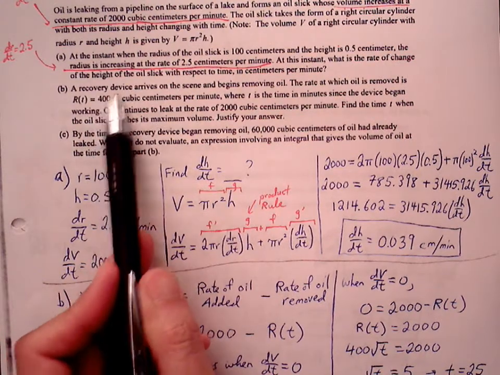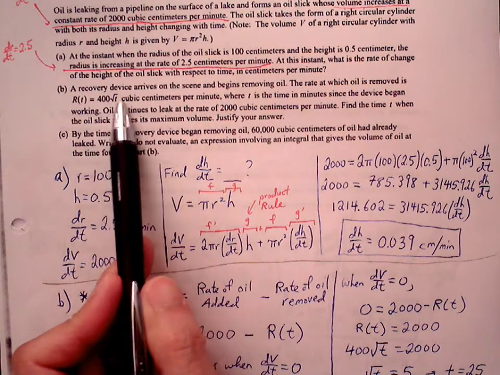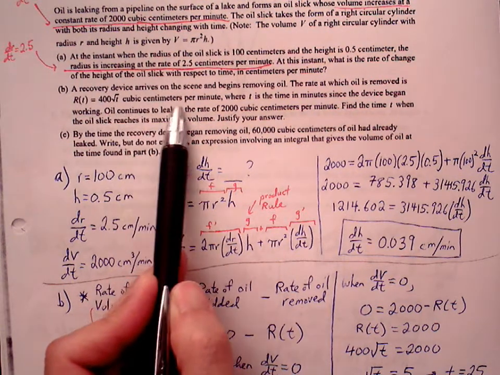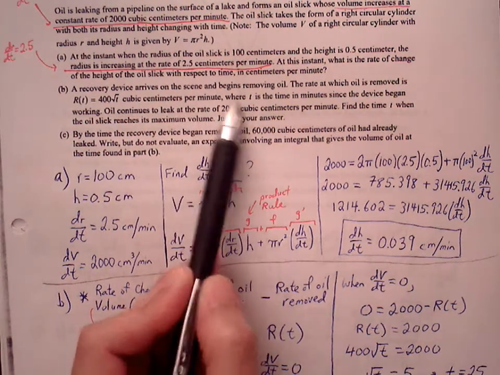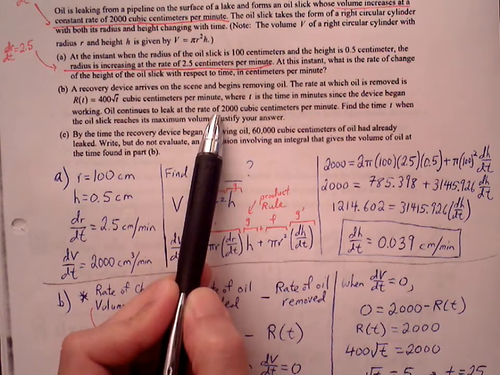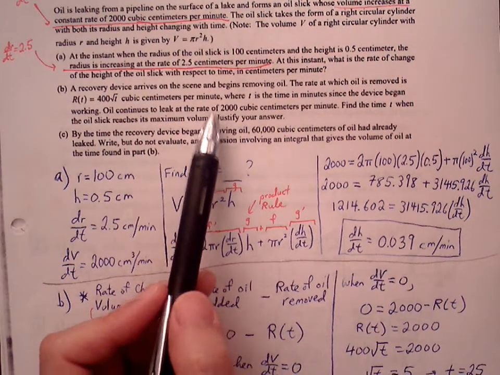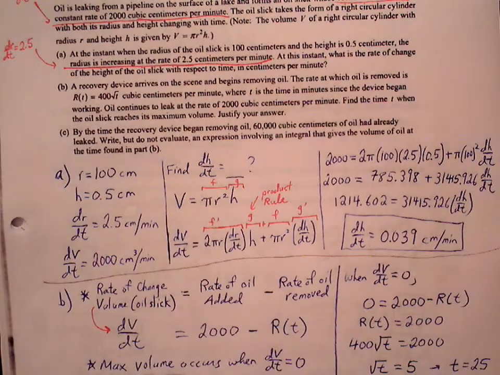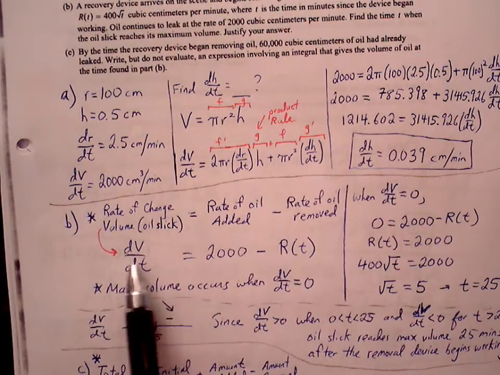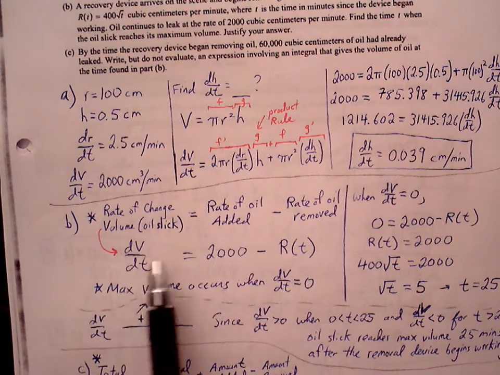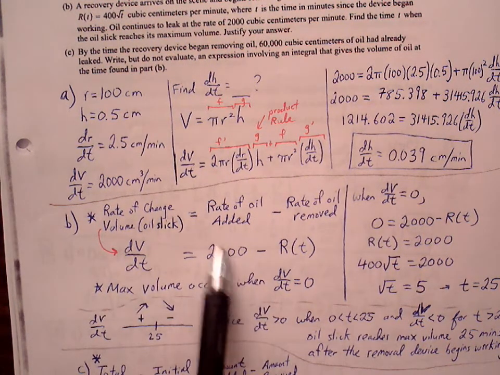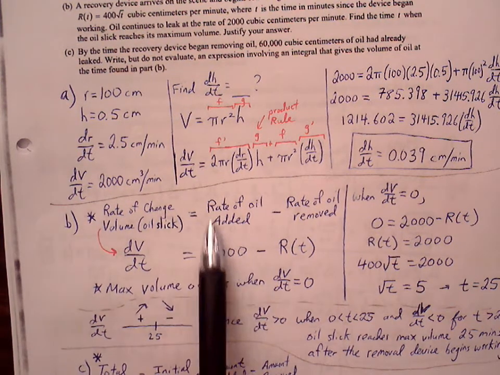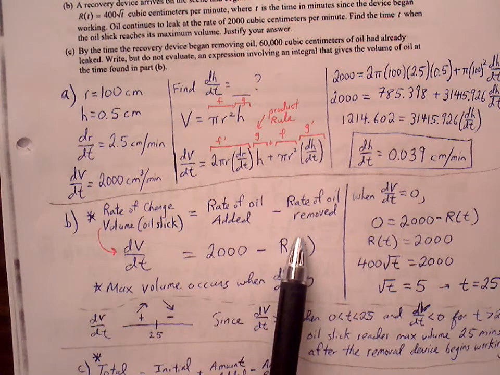When this recovery device arrives, it's going to start sucking up this amount of oil per minute, but then the oil continues to leak. So the volume that is on the ground is changing at this rate that we call dV/dt. So dV/dt is going to be the difference of oil being added and the oil being removed.